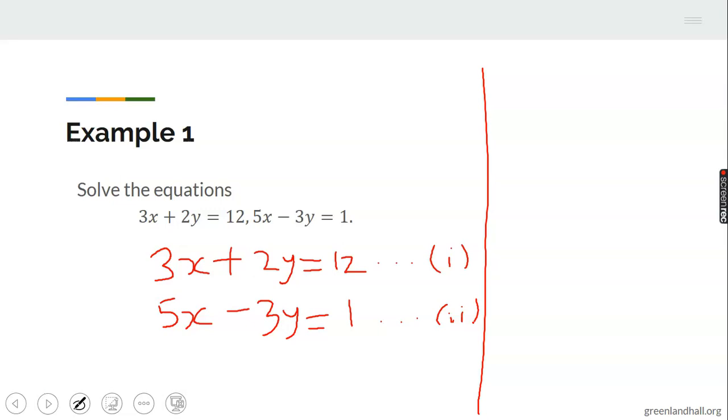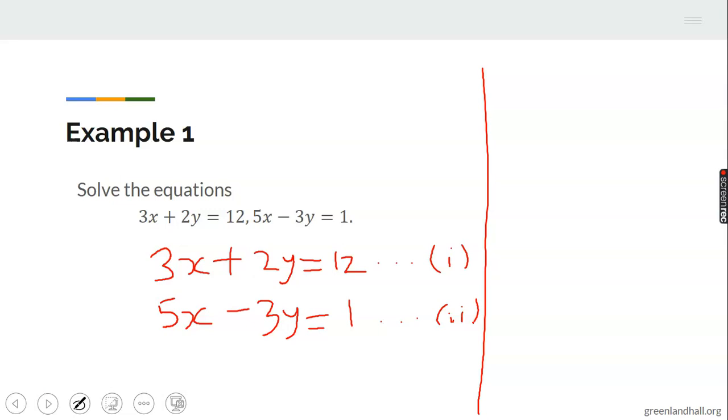Now, the method of elimination is that we want to eliminate either x or y from the two equations. We don't want to see them, and we now have our resulting x alone. Maybe you understand what I'm trying to point out here.